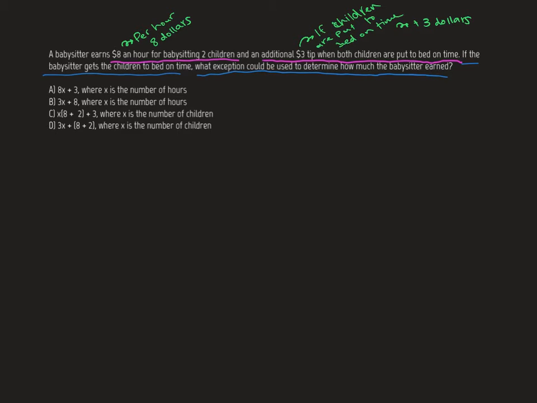Now let's take a look at our question. If the babysitter gets the children to bed on time, so this just means we're already going to have a plus $3. What expression could be used to determine how much the babysitter earned?